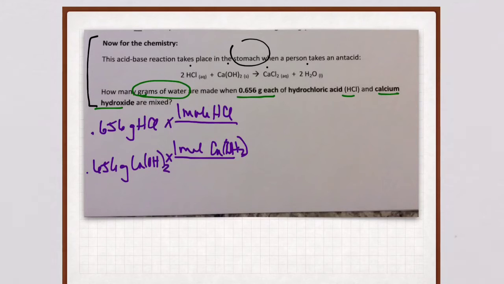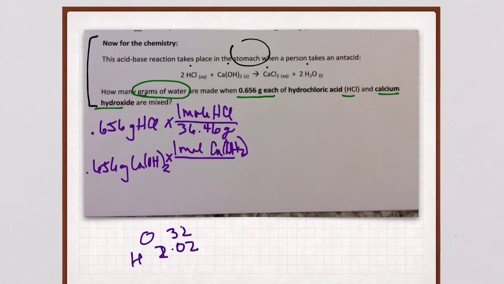Now we need to calculate the molar masses. Hydrogen is 1.01, chlorine is 35.45, so that is a grand total of 36.46 grams of HCl. Calcium hydroxide is slightly more complicated. Oxygen, we've got 2 of them, so that's 32. Hydrogen, we've got 2 of them, so that's 1.01 times 2, which is 2.02.